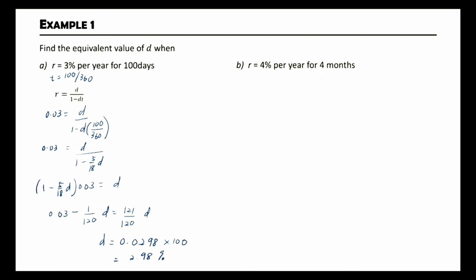Second example, find the value of R when d is equal to 4% per year for 4 months. So d equal to 0.04 and t is 4 over 12. R equal to d over (1 - dt).